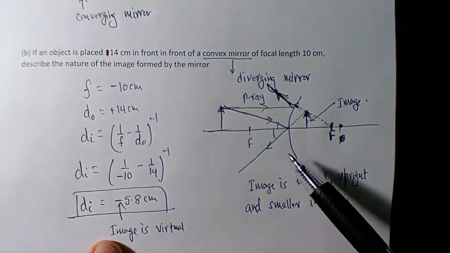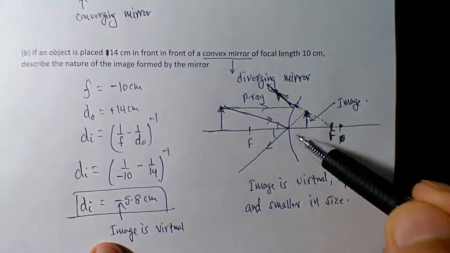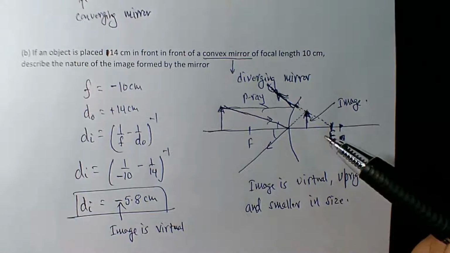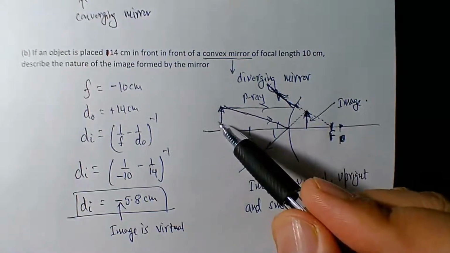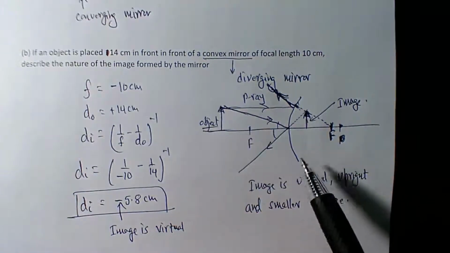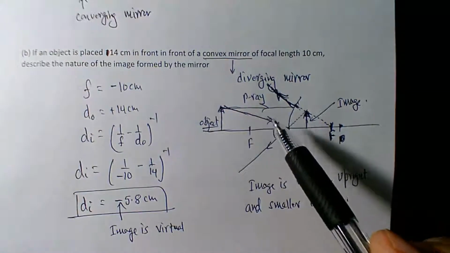So a diverging mirror, which is a convex mirror, always forms a diminished, upright, and virtual image, as long as the object is real. And that's why convex mirrors are used as security mirrors, because they increase the field of vision.